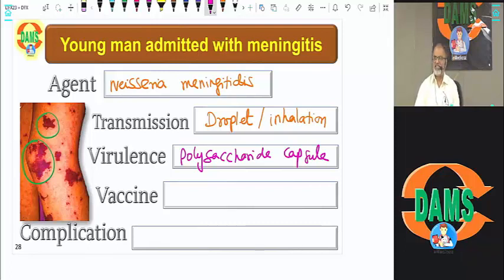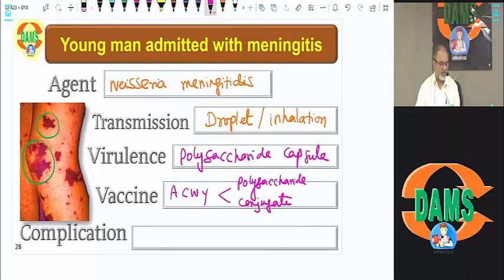What is the vaccine strain? Tetravalent vaccine. We are using the ACWY vaccine. Both polysaccharide as well as conjugate vaccines are available.